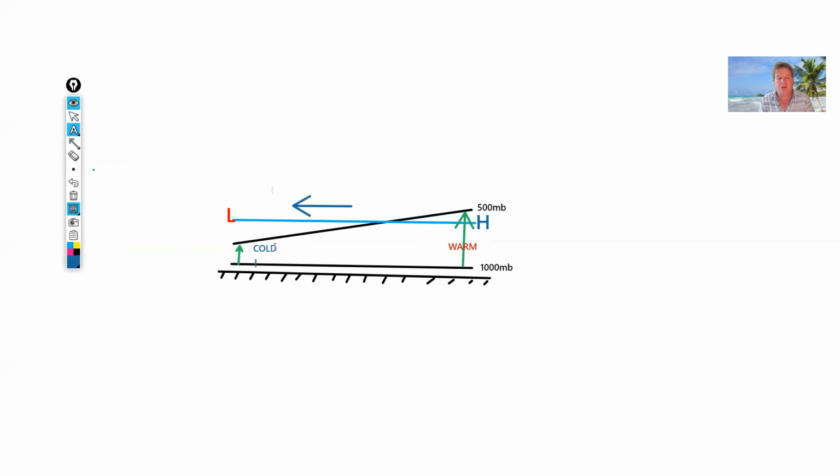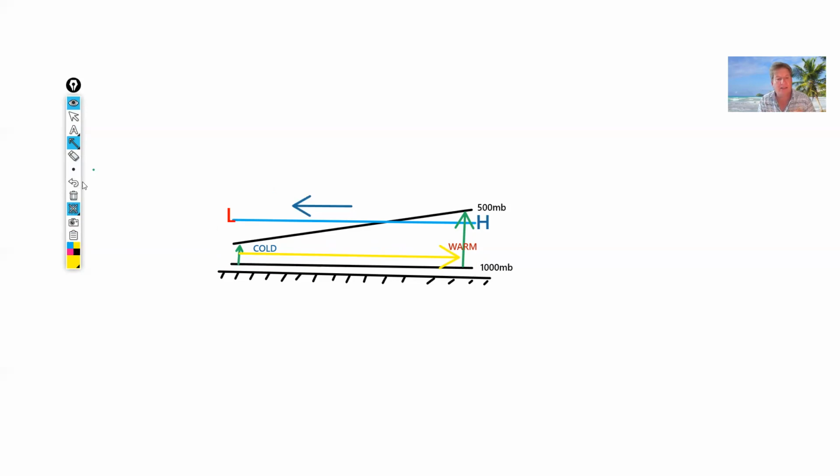The thinner, the colder, over here. So if I'm going from this side to this side, do you understand what's changing? Well, I'm going from a column that's colder to a column that's warmer. There is a difference in the average temperature.